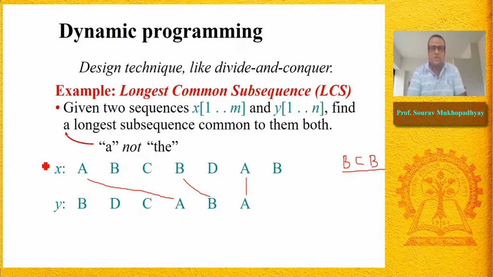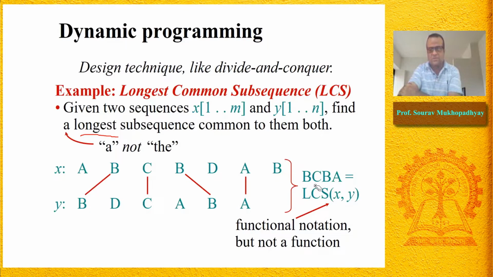Now, because we are looking for the longest common subsequence, we want to see whether we can have a subsequence of more length, like length 4. So let us try that and check whether we can have it or not.